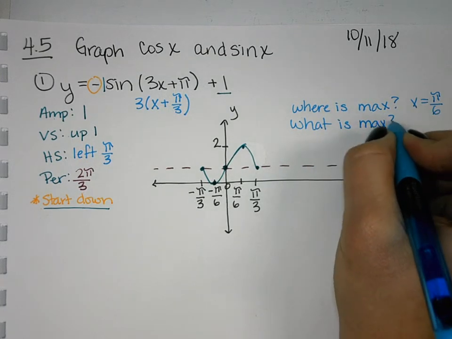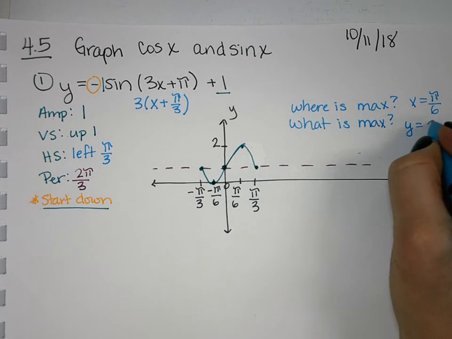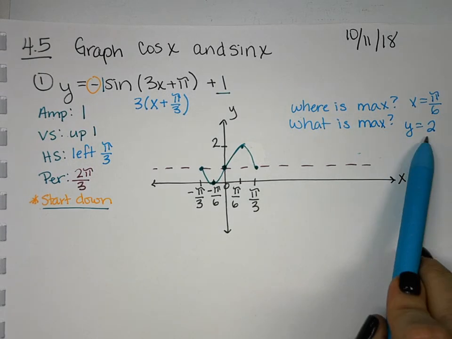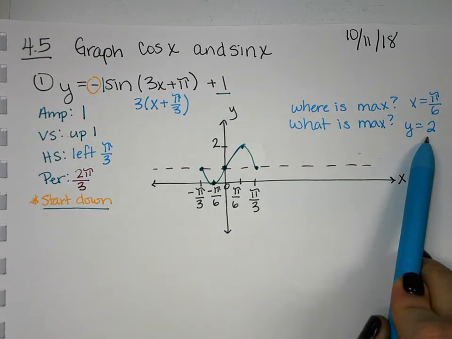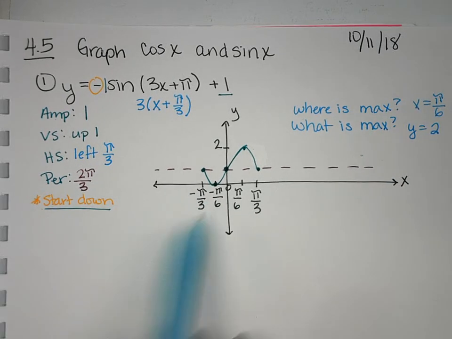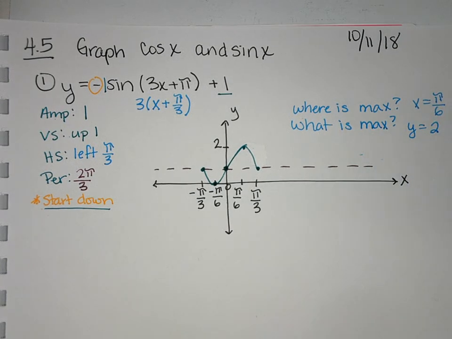Means what is the actual value? That would be 2. So the where is the x, the what is the y. So we know that our highest point will be at 2, and we'll get that at pi over 6, at least in the one we drew. Obviously this continues on forever, so we'll have maxes occurring every 2 pi over 3 from the pi over 6.